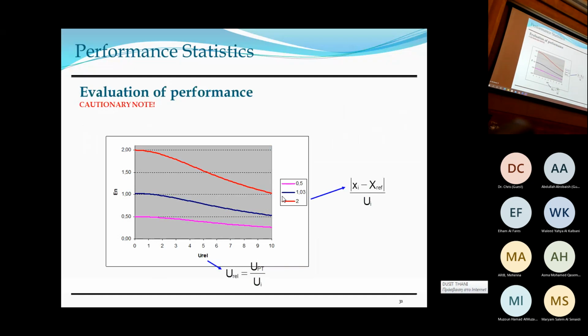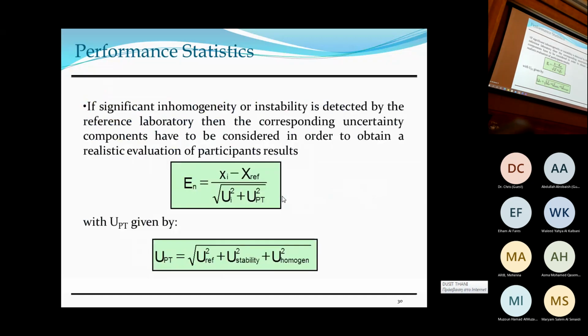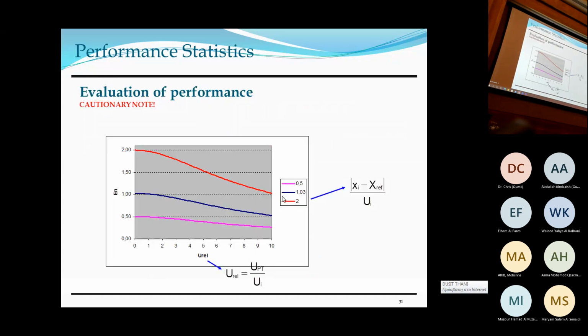So this is a picture to show you how En might change because of a large instability or inhomogeneity in the transfer standard.